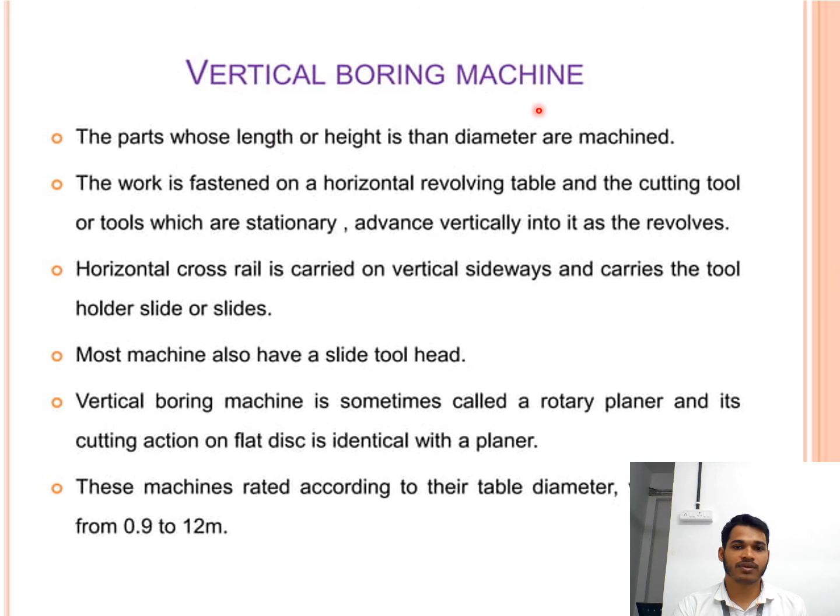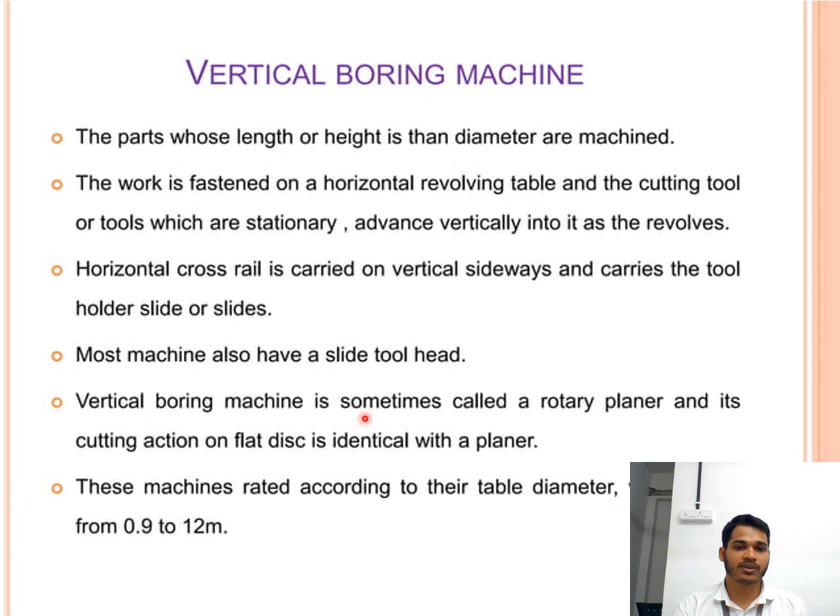Next, the vertical boring machine. Parts whose length or height is less than their diameter are machined, and the work is fastened on the horizontal revolving table, while the cutting tool is stationary and advances vertically into the revolving work. The horizontal cross rail is carried on the vertical slideway and carries the tool holder slides, and most machines also have a slide tool head.